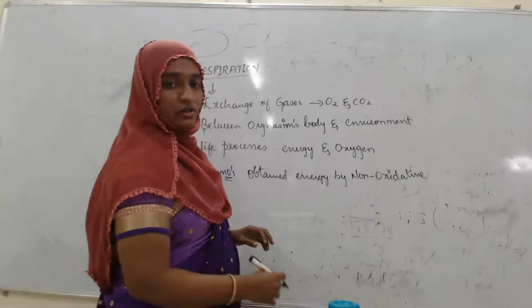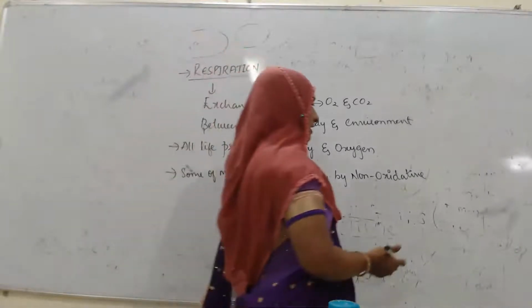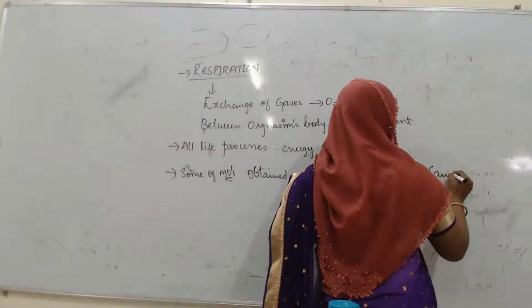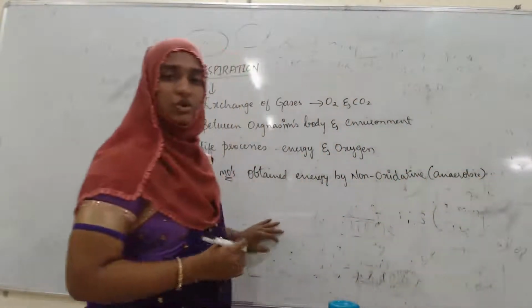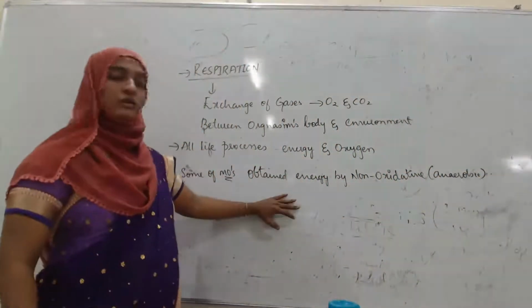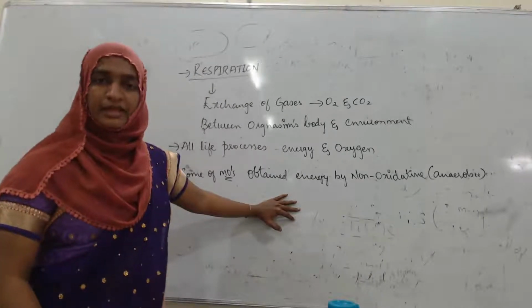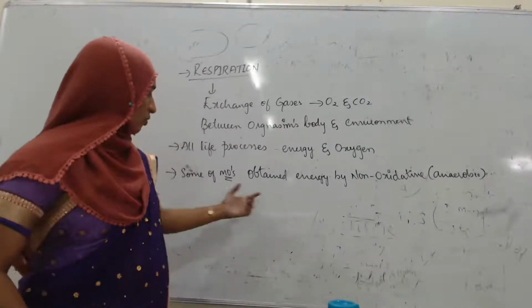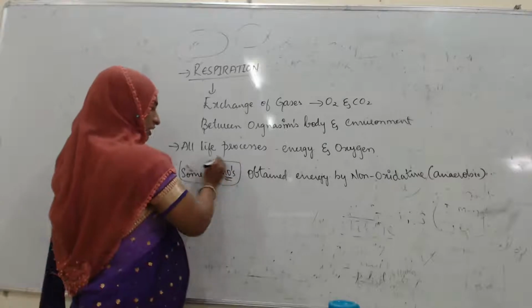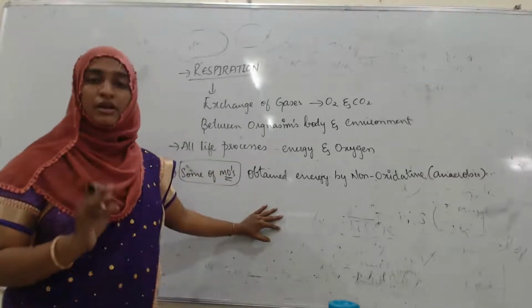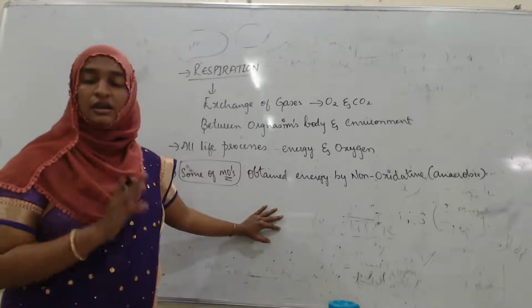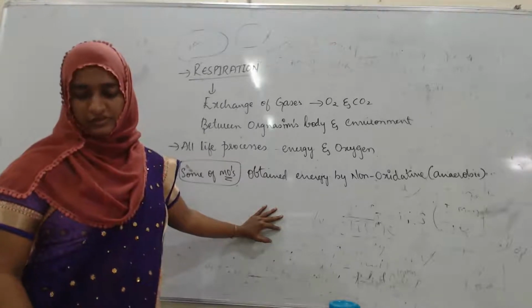What do you mean by non-oxidative? It means anaerobic. In anaerobic conditions also, they are able to synthesize energy. See, only some of the microorganisms, not all. The majority of organisms undergo the aerobic process.